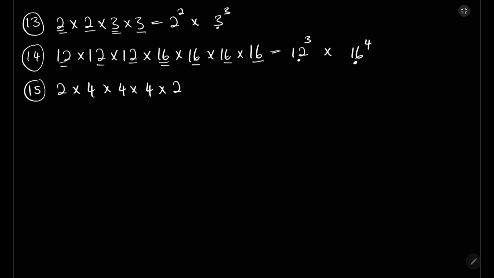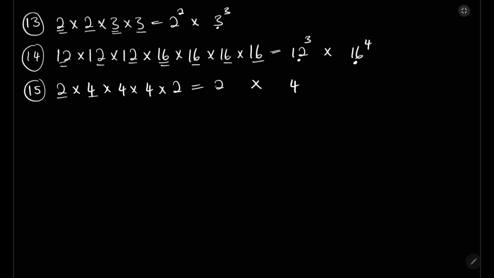Let's try 2 times 4 times 4 times 4 times 2. What's the first step? We check our base. We write our base. So we have 2 here. We have 4 times 4 times 4 times 2. So we can write down this 2 as 2, leave a space, times, we have 4. We don't write down the 2 again as we've already written 2 there.